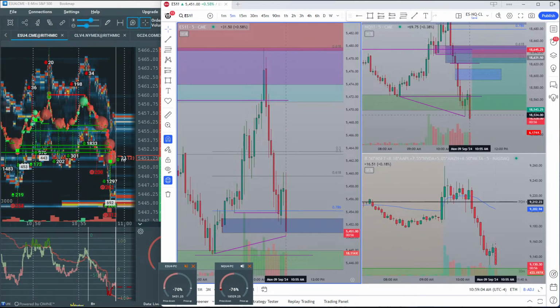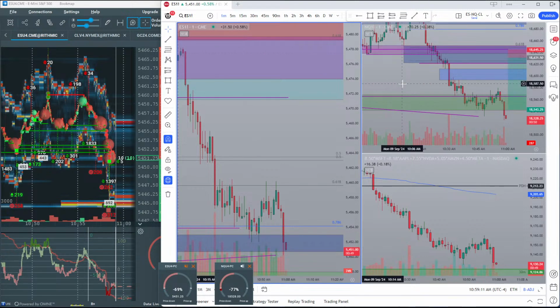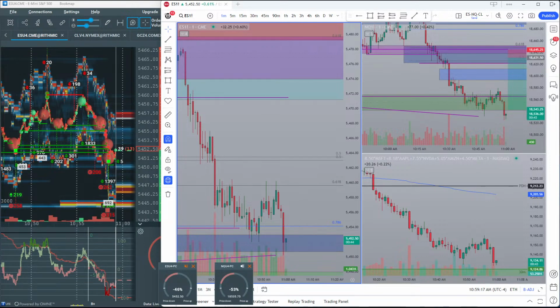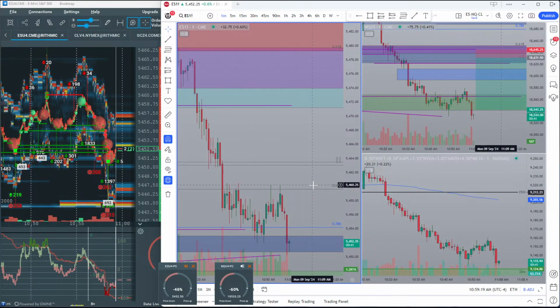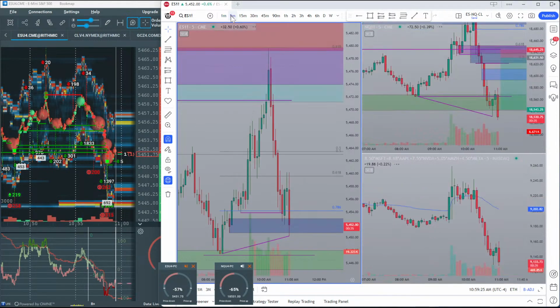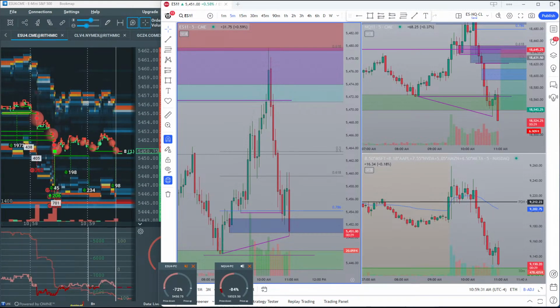We're going to drop lower again. I'd like a push higher on this last minute. I don't think we're going to get that. Selling pressure is pretty volatile.